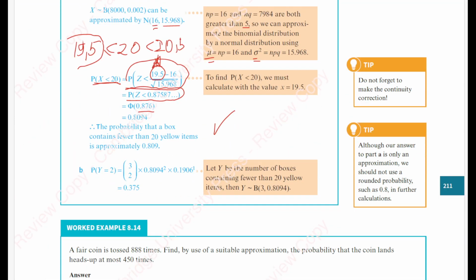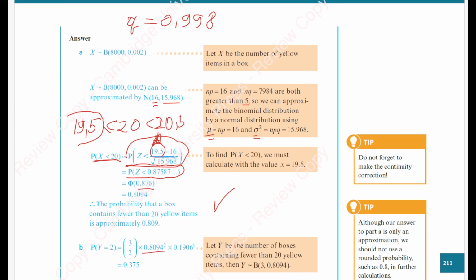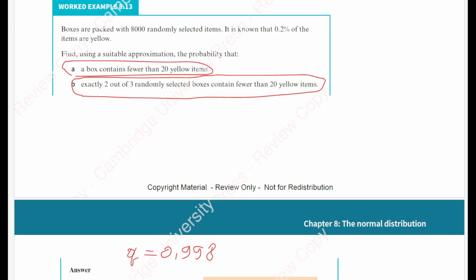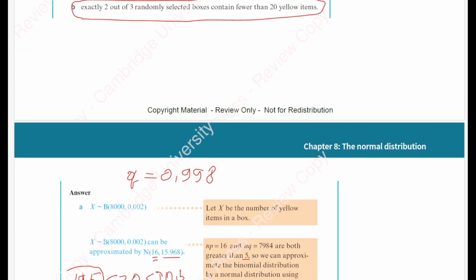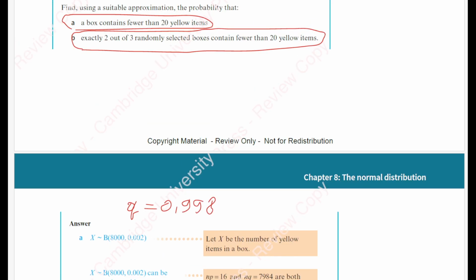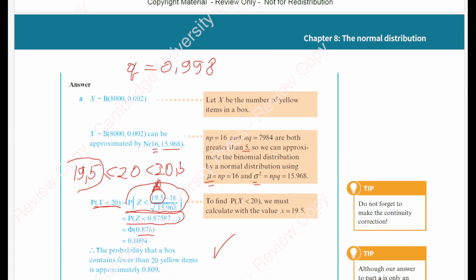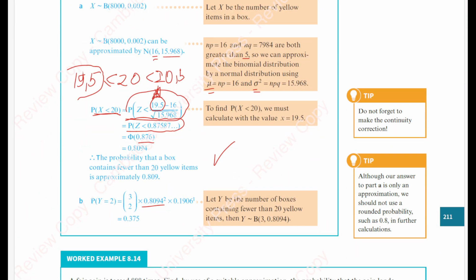So here you need to remember, this is the probability that a box contains yellow items. Yes, so 3 randomly selected boxes, and here you have that they contain yellow.